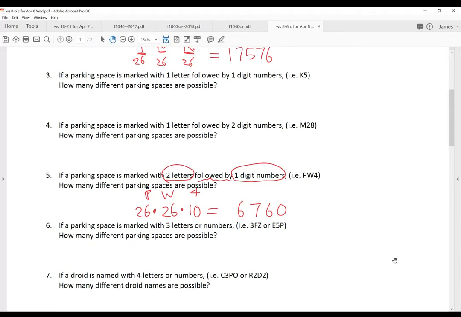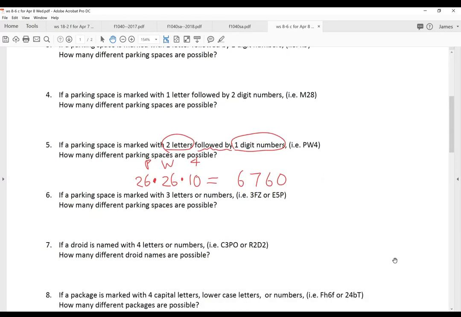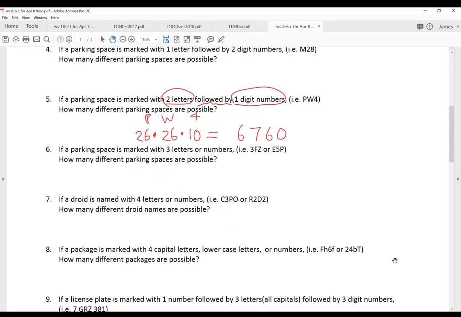Well, number 6. Okay, so this time parking space marked with 3 letters or numbers. So number 5 was 2 letters followed by 1 number, so it has to be letter, and a number. But this time it's 3 either letters or numbers.